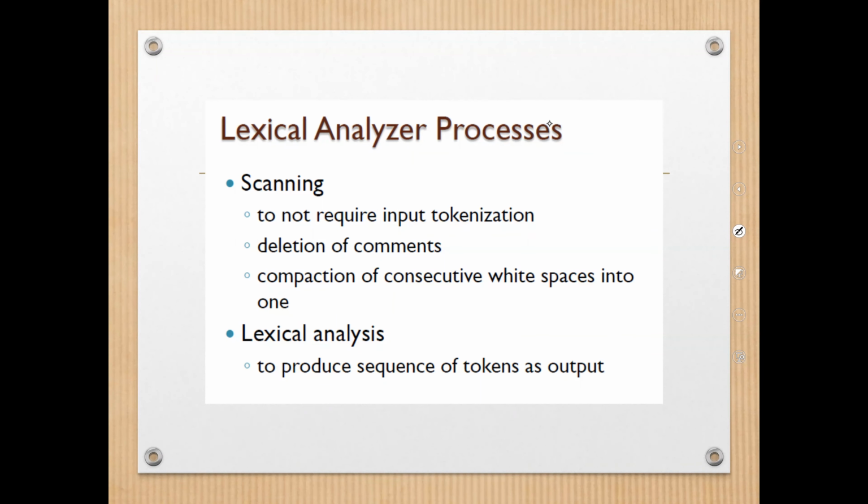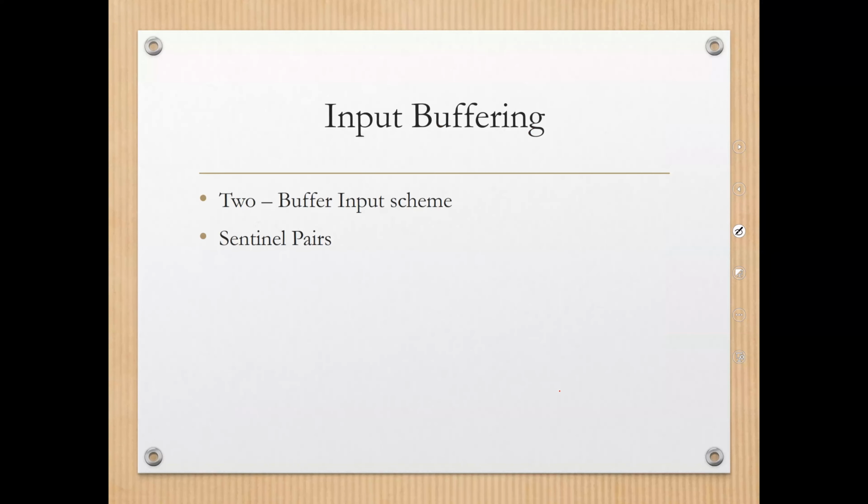At the end of the day, what the lexical analyzer does is produce a sequence of tokens as the output. Now, what we need to learn next is how these are identified and how tokens are generated. This happens through something called input buffering.